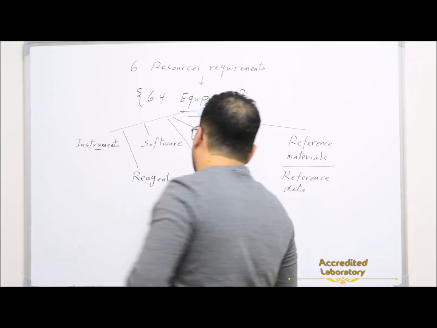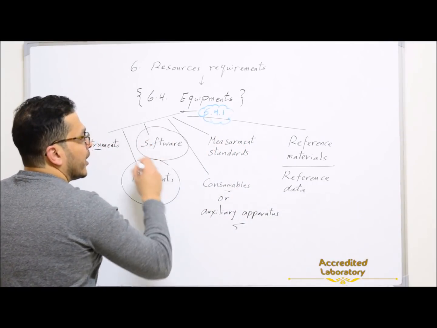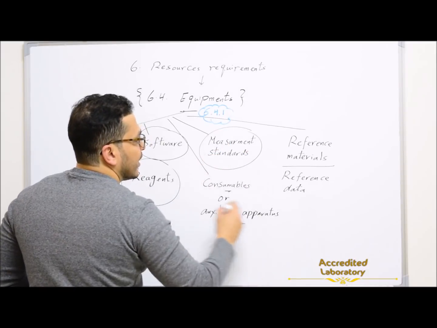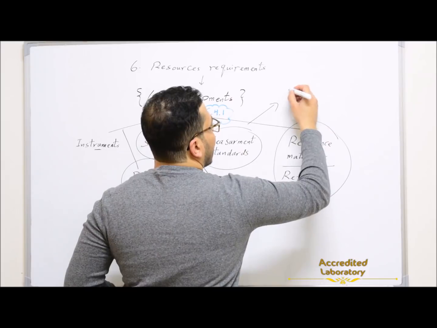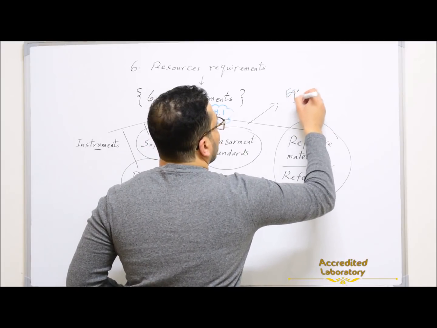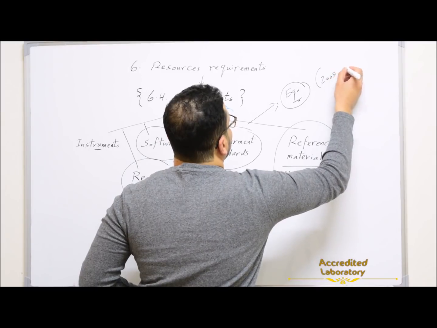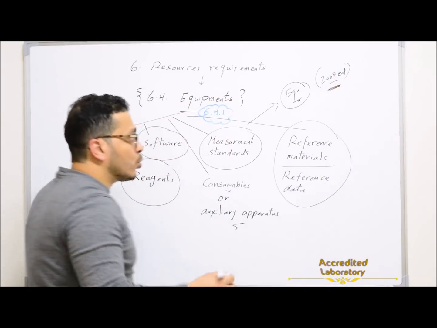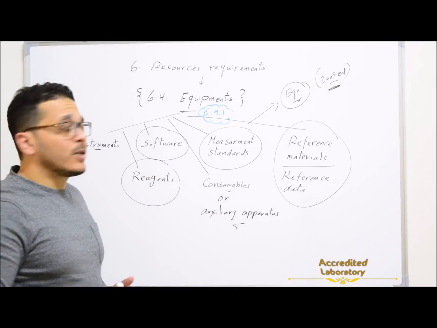And here in 2017 edition you will find reagents, software, measurement standards, reference material or reference data. Now all of them are considered as equipments, not like in 2005 edition. Different. Before that they were not considered as equipments, but now they are considered as equipments.